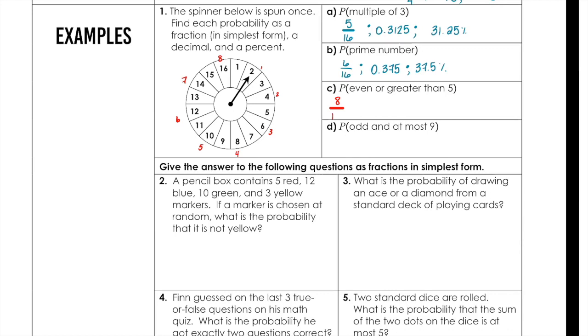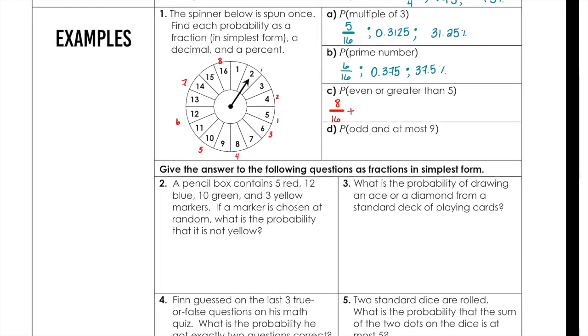Now, remember that or statement. That or statement is big because if we think about set Venn diagrams, we would include everybody in both sets. So because we got an or statement, we're going to add them, and then we're going to figure it out. So greater than 5. We got 7.